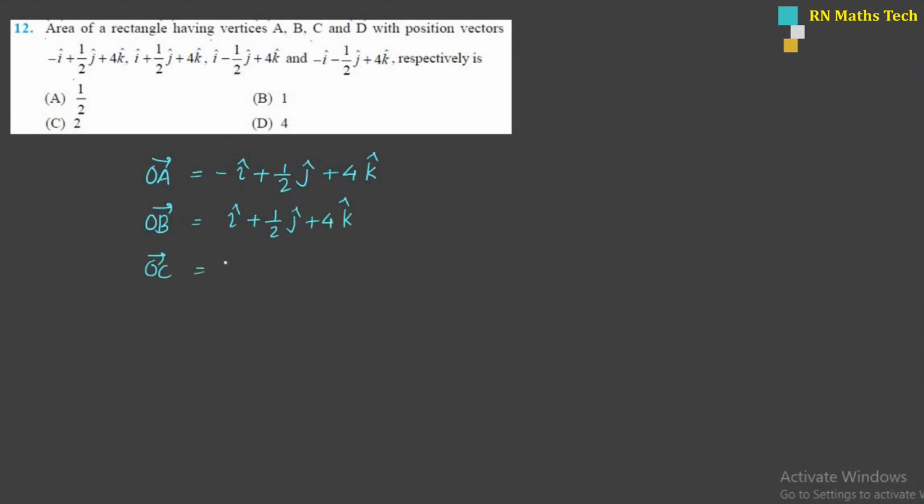OC is equal to i minus 1 by 2 j plus 4k, and OD is equal to minus i minus 1 by 2 j plus 4k. So this is the rectangle ABCD.